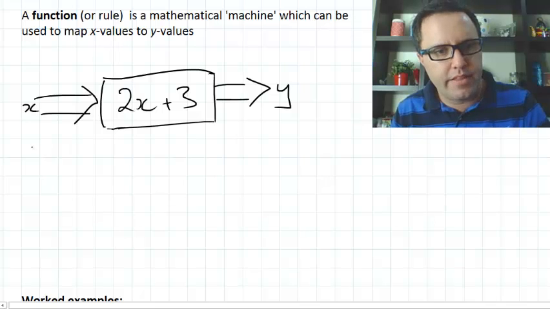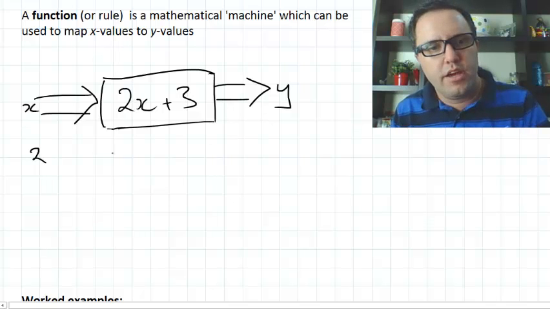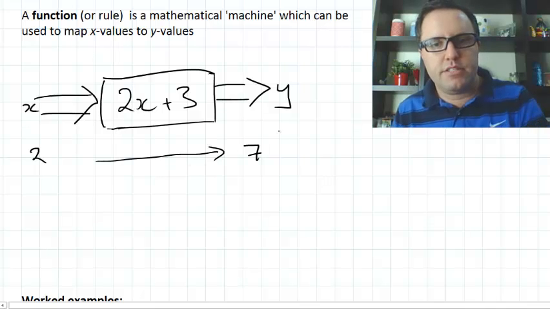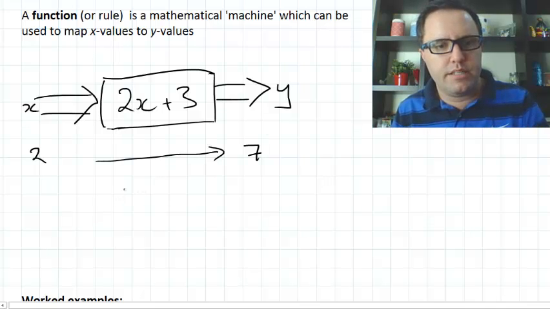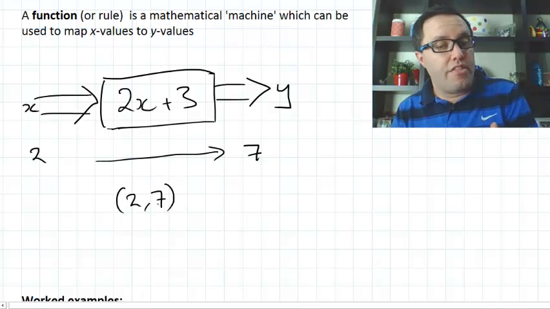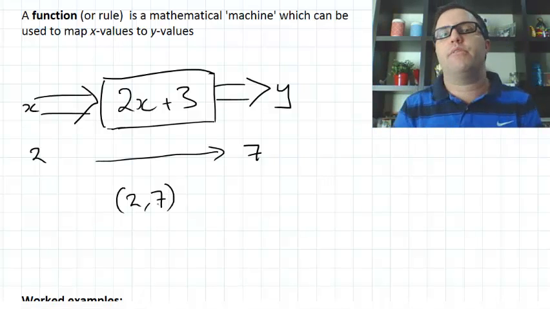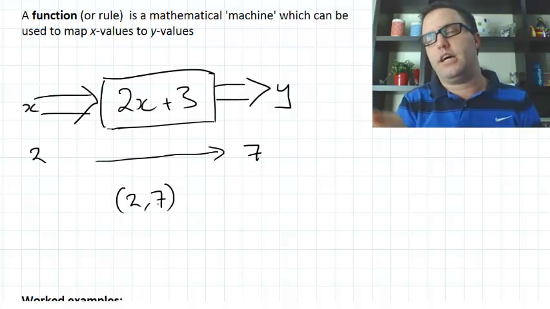If we get the number 2 and chuck it in, it's going to multiply it by 2. 2 times 2 is 4 plus another 3. 2 turns into 7. And so we would end up mapping those together as becoming the point 2, 7. And we'd be able to plot that onto our Cartesian plane. That's a bit related to that example I showed you right at the top with that big curvy graph.